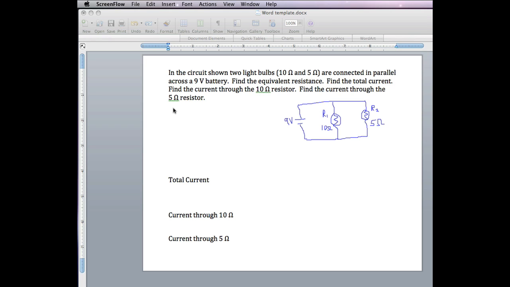Since the resistors are connected in parallel, we use the formula 1 over R sub P, which is the equivalent resistance for resistors in parallel, equals 1 over R sub 1 plus 1 over R sub 2.